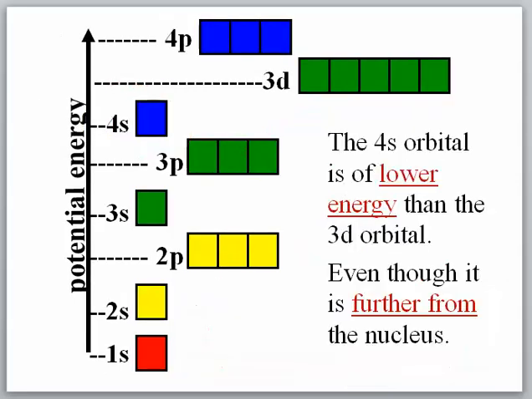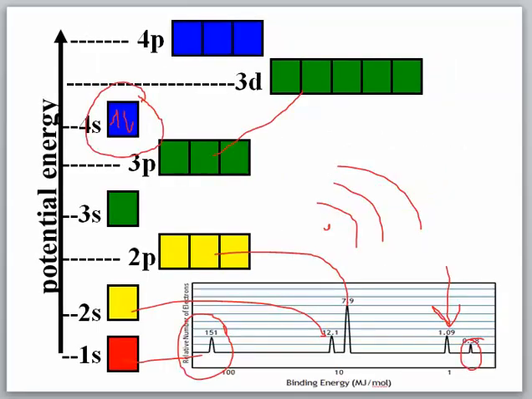The reason that they fill in this order is basically because of electron repulsions and complexity when you have that many electrons and that many orbitals. So the 4s is of lower energy. Okay? So if we went back and looked, our 4s, well, we didn't get up to the 4s in this one.